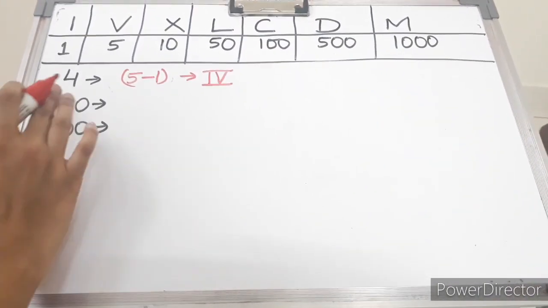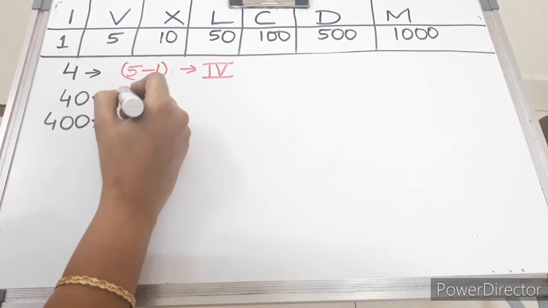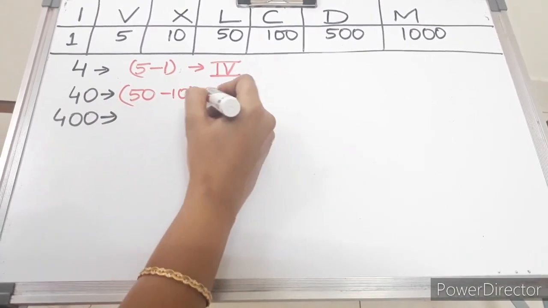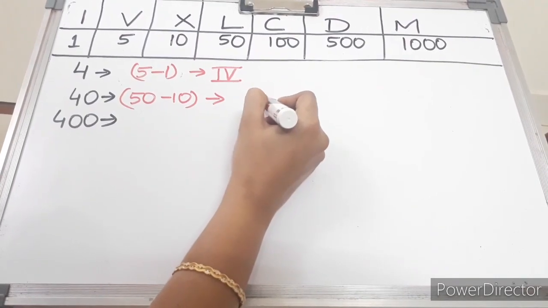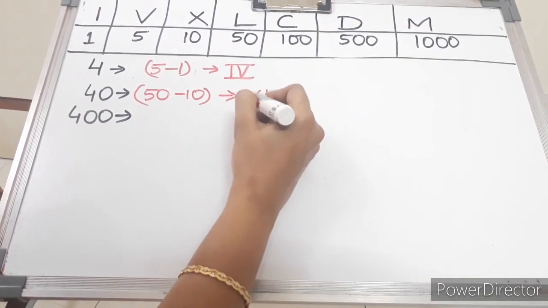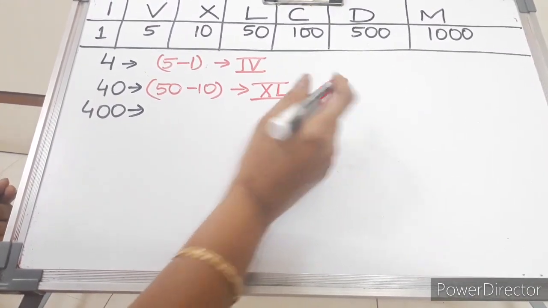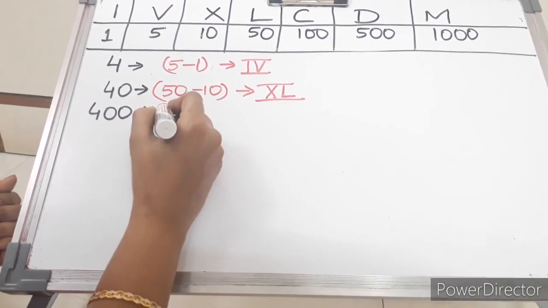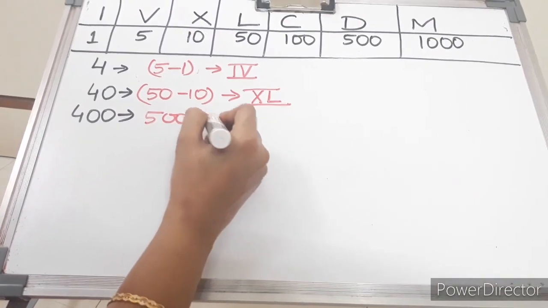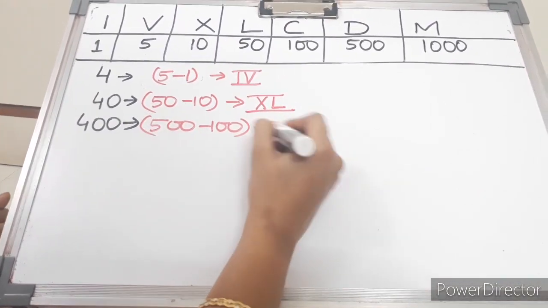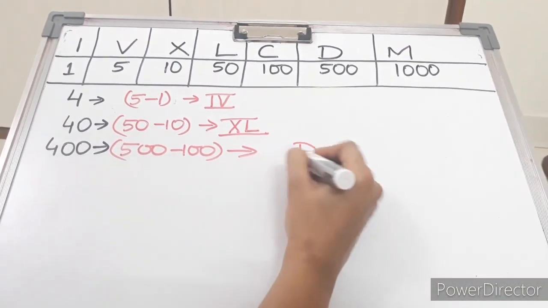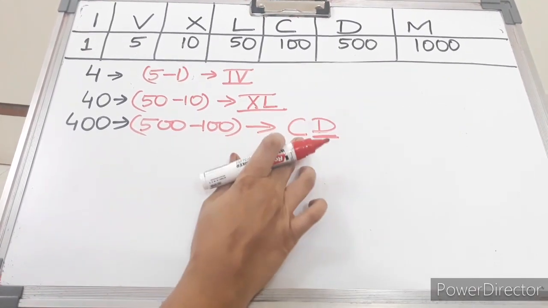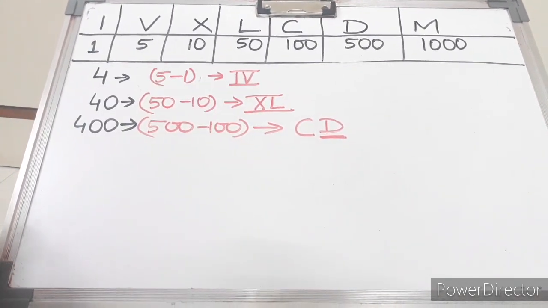Coming towards 40, same: 50 minus 10. So L is the greater value, and we subtract the smaller value by writing it to the left. Same for 400: 500 minus 100. So it will be D with C to its left. Here this is the greater value and this is the smaller value.